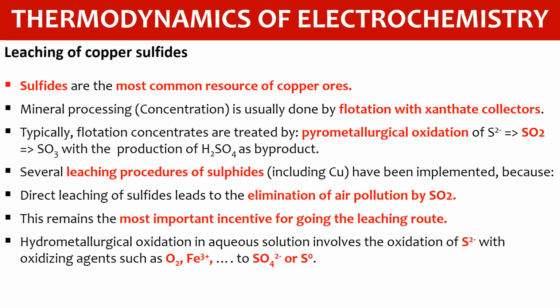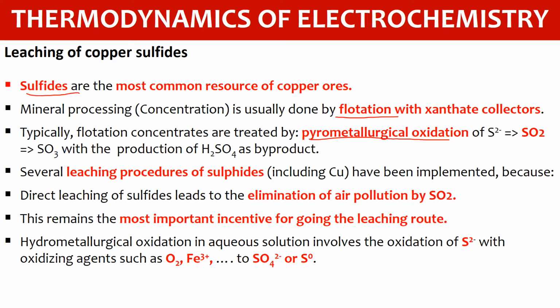But most of it occurs as sulfide, and in order to concentrate it, you have to use the flotation technique. That is for you to concentrate these sulfides. After flotation, using different kinds of collectors, frothers, etc., this concentrate is typically treated by pyrometallurgy.